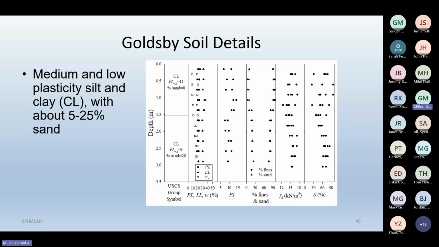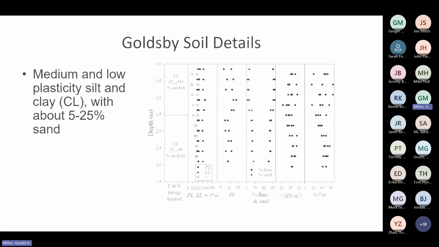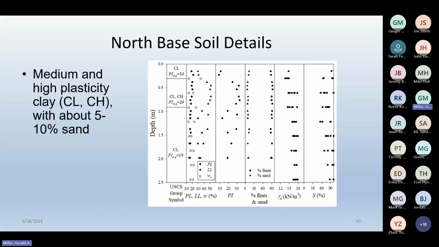The second site had higher PI soils. This was called the North Base site, which is up there by Max Westheimer, over towards more to the east. And that's a fairly high PI soil area. And so at this site, soils range from CL to CH. PIs tended to be higher.